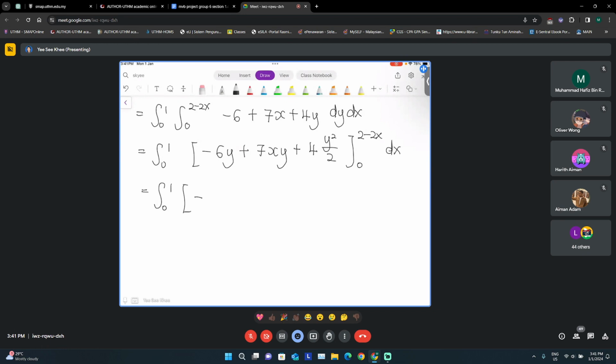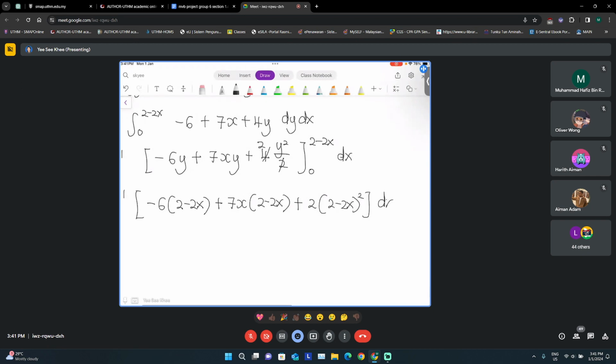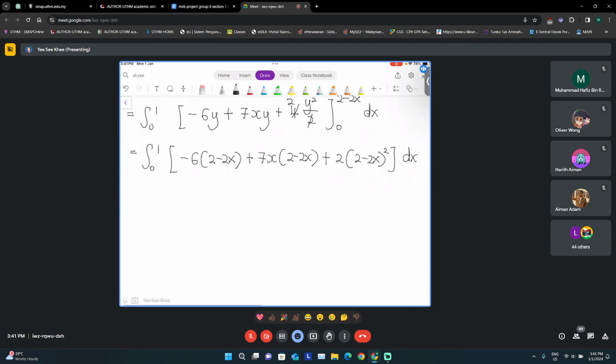For example, negative 6y, so 2 minus 2x, plus 7x times y which is 2 minus 2x, plus, this one can cancel out, becomes 2 times (2 minus 2x) squared, dx. You can choose whether you want to expand it or key the whole thing in your calculator, it should be fine.